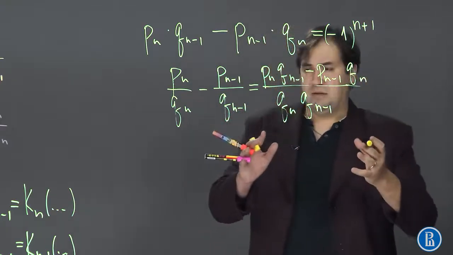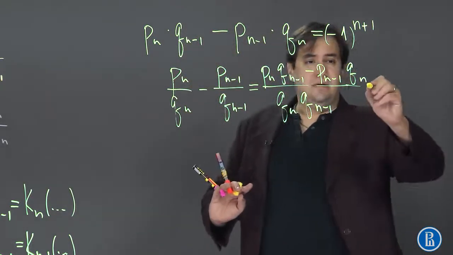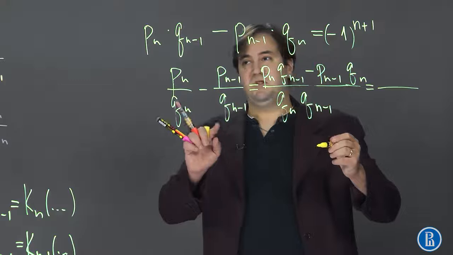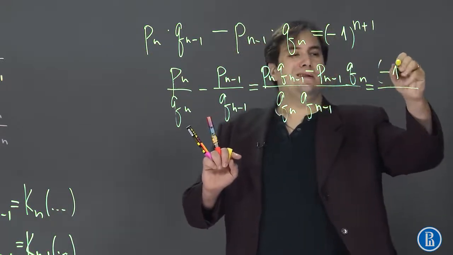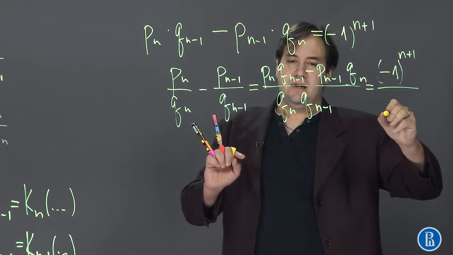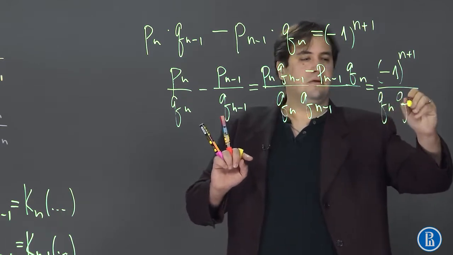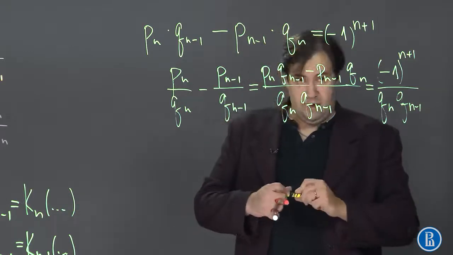Well, it may seem complicated, but it's just a difference of two fractions. And we see that due to this equality, it is equal to minus 1 to the power n plus 1 over Qn and Qn minus 1.